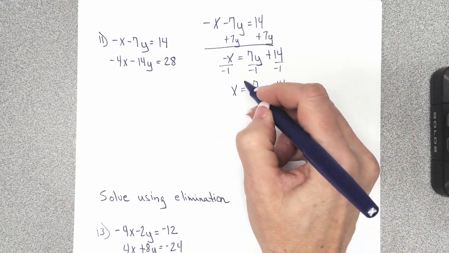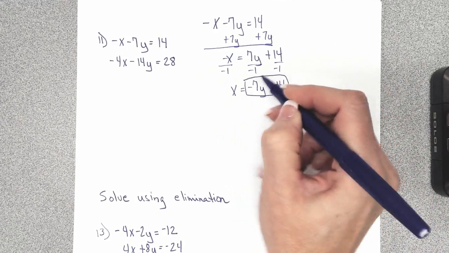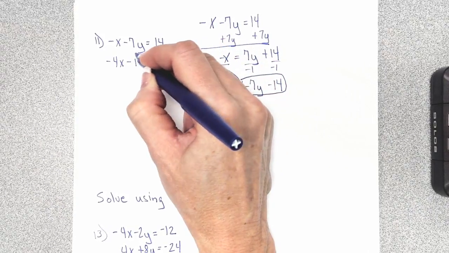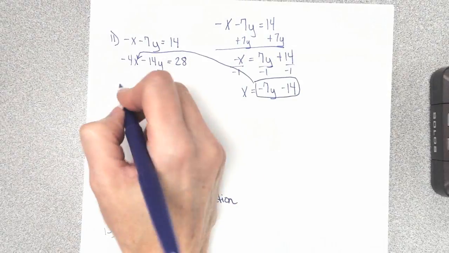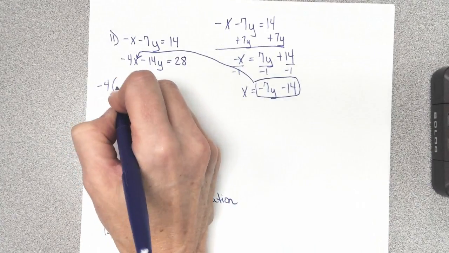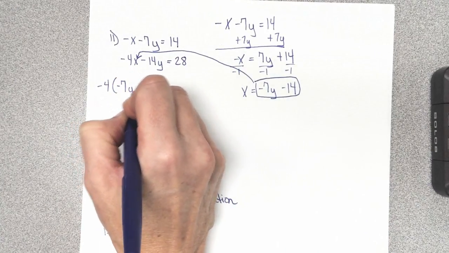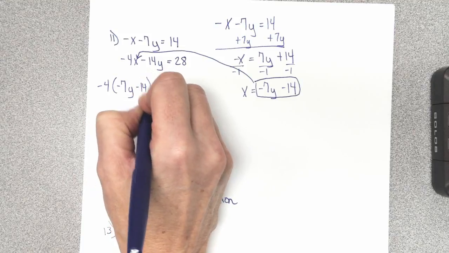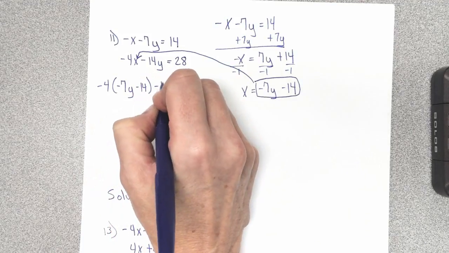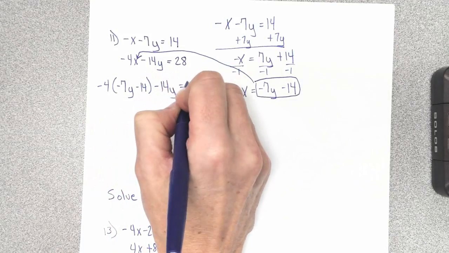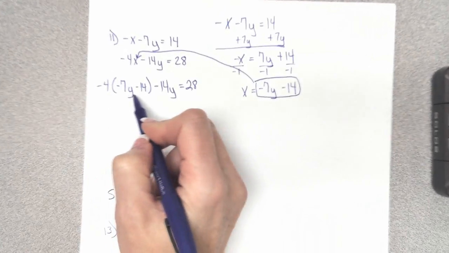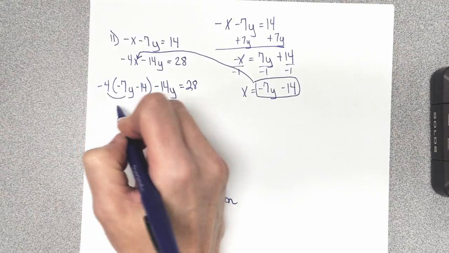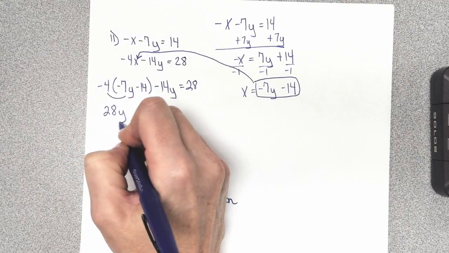Now I can plug in. This is my value of x. So I'm going to put it in the x spot. So negative 4 times negative 7y minus 14 minus 14y equals 28. Distribute. So I've got 28y.